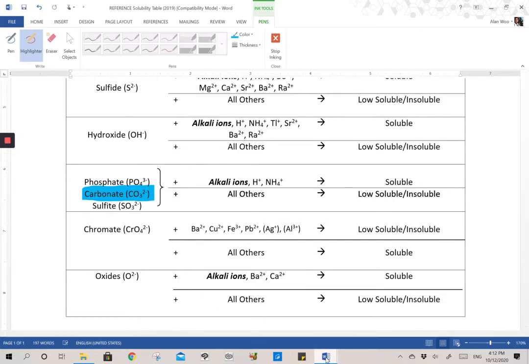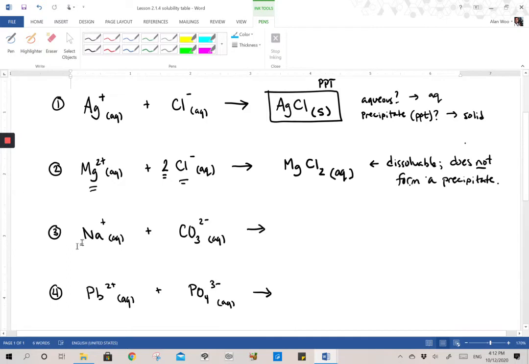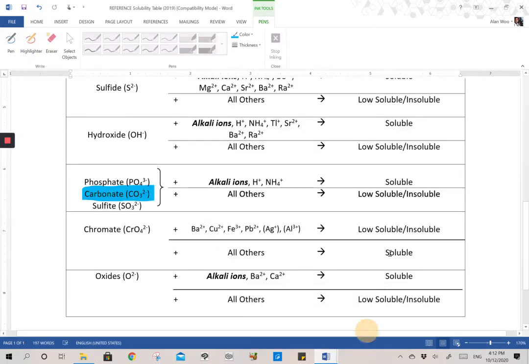The positive ion is sodium. Okay, so we look to see if sodium is anywhere written out here. Now, sodium, as you can see, isn't actually listed here. However, there's something called alkali ions.